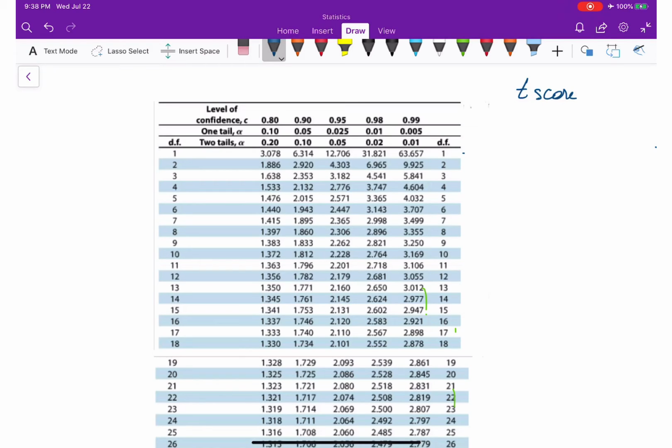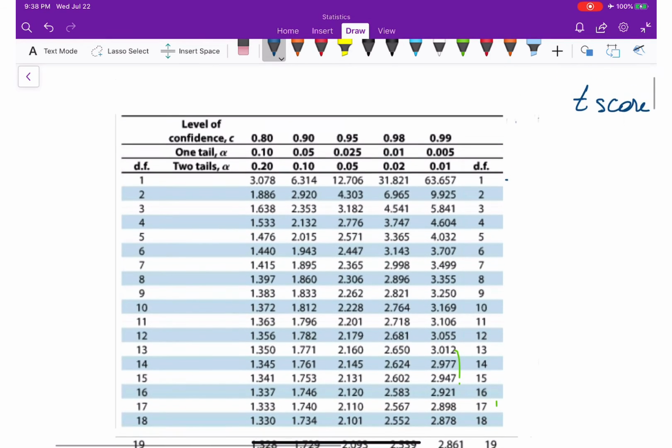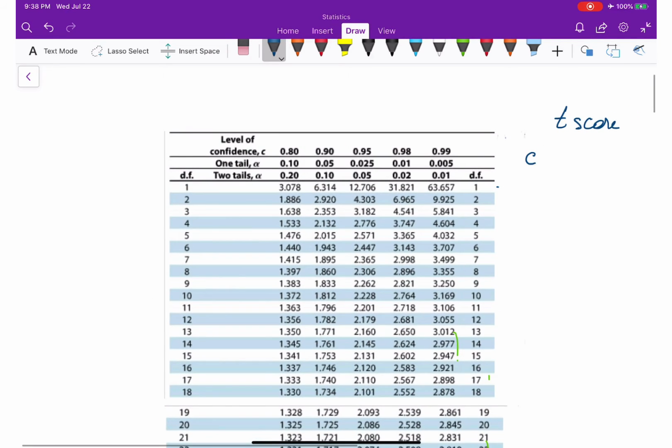And that table is working with confidence level, C, let's say 0.99, and working with degree of freedom vertically.